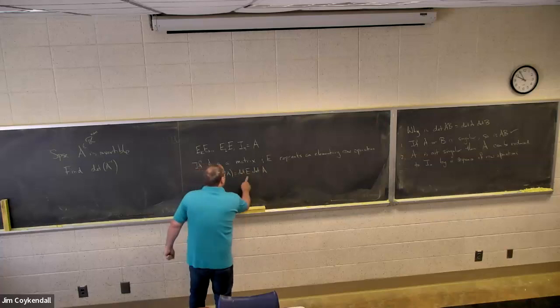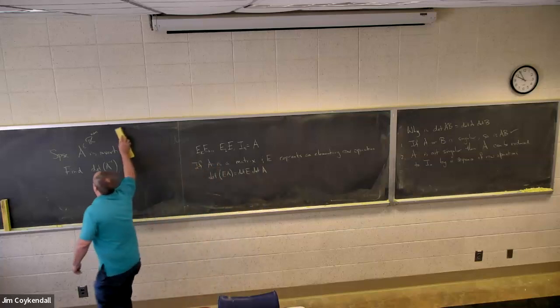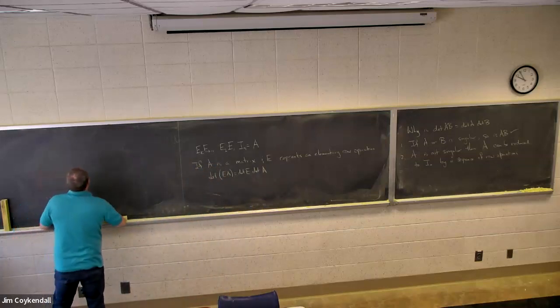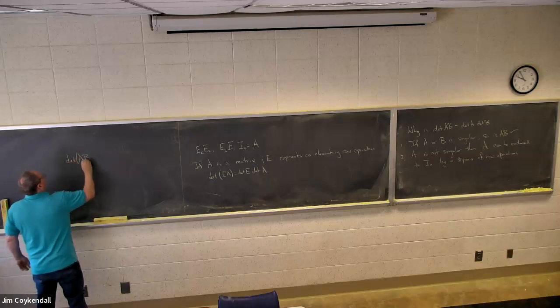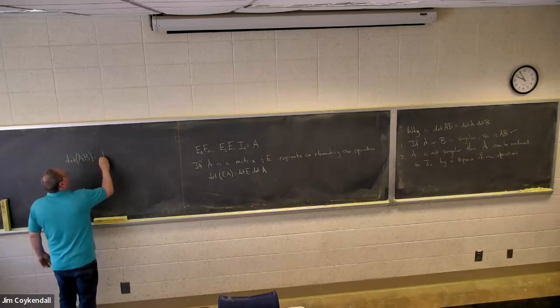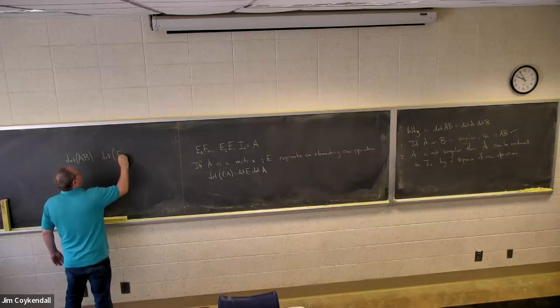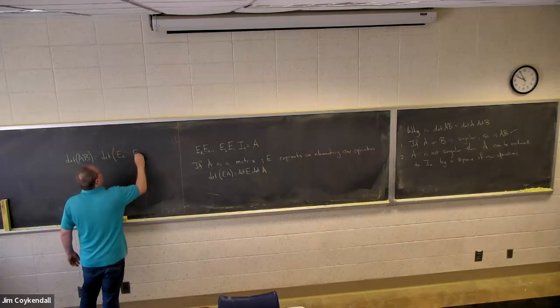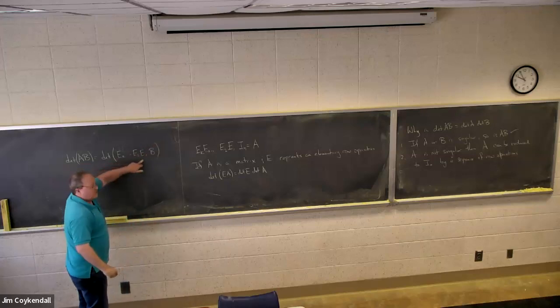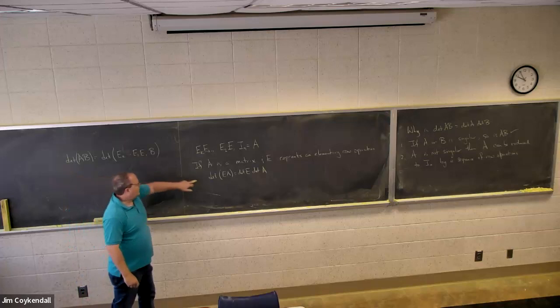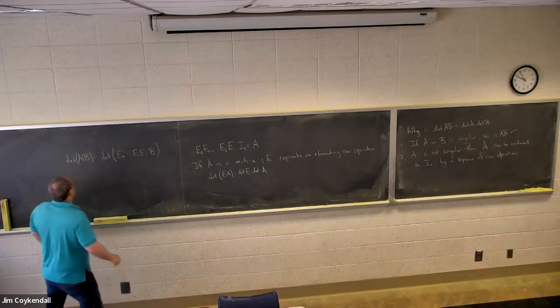So since this works for the elementary matrices, if you look at the determinant of AB, you can rewrite A as this product of elementary operations. That multiplies B. Now by this operation, I can pull these E's out one at a time.